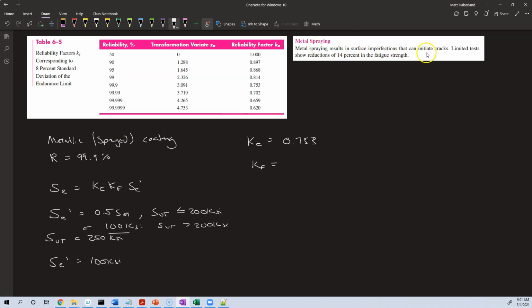Metal spraying results in surface imperfections that can initiate cracks, and there are some tests that show a 14% reduction in the fatigue strength. 14% reduction means KF is equal to 1 minus 14%, which is 86%, or 0.86. And so we can find the endurance limit of our actual specimen, at the 99.9% reliability level, by multiplying by these factors, 0.753 times 0.86 times 100 KSI. And we have an endurance limit of 64.758 KSI.